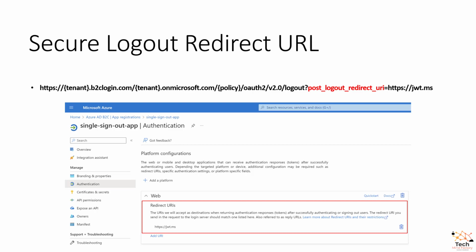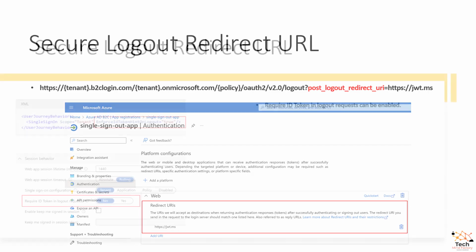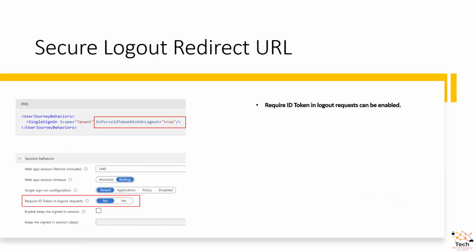And we can secure this redirect URL, because if we do not secure it, by default we can pass any logout redirect URI, and then B2C will use it for the redirection after a successful logout. But if we decide to secure the logout redirect URL, this post logout redirect URI has to match the redirect URIs registered for the application in Azure AD B2C. So let's talk about some details.